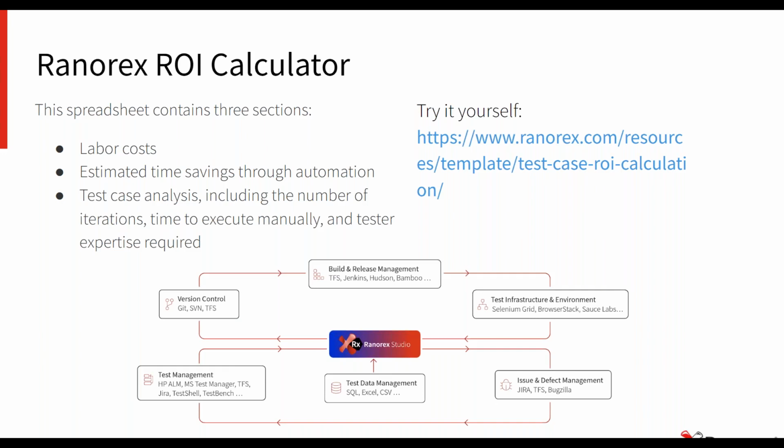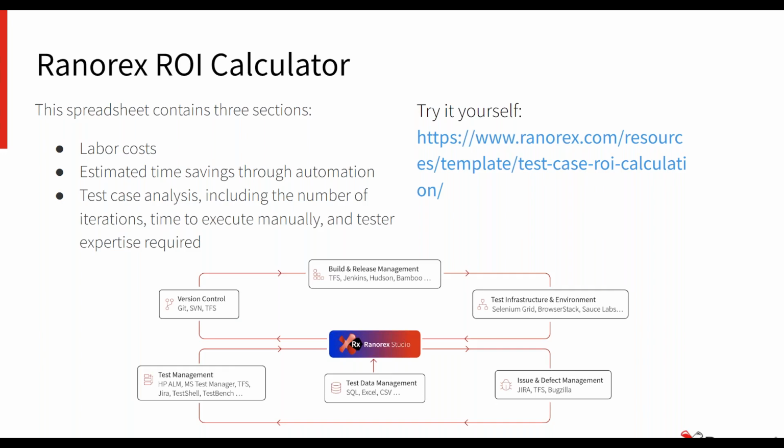The spreadsheet does contain 3 sections. It talks about the labor costs involved in your testing, and estimated time savings through automation. So you've got to talk about the labor cost of doing it manually, what it is going to cost you to automate that test, and then test case analysis, including the number of times that you run the test, how many times you've done it manually, and tester expertise that's involved.